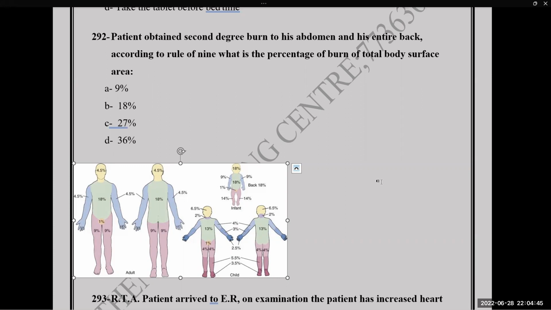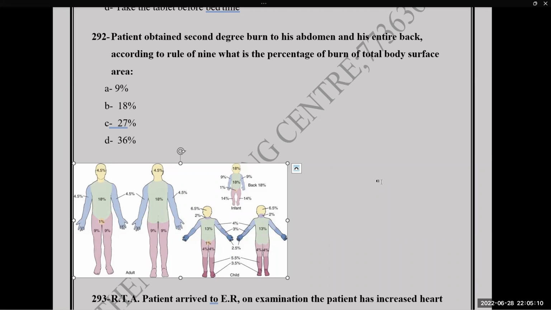Anterior chest 18, posterior chest 18, each thigh 18. That means each leg is 18. Fine. So here the patient has burn on his abdomen and entire back. That's 36%, ma'am.